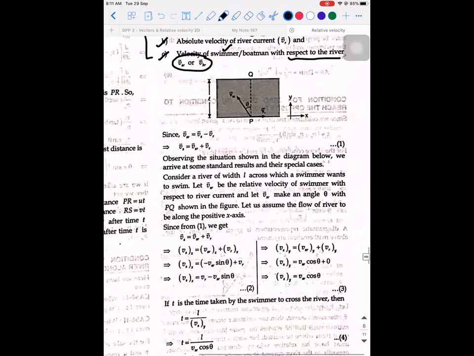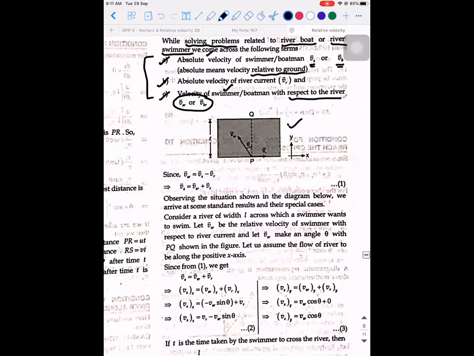So here observe, it is a generic case. It is a general case where you have a river. You have a river like this. Okay. And the width of the river is how much? You have a river whose width is L.